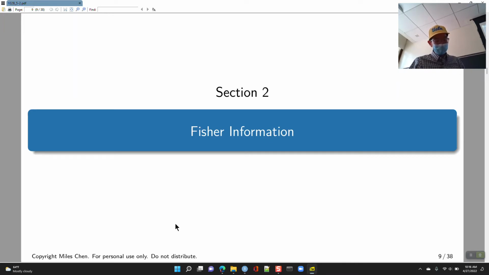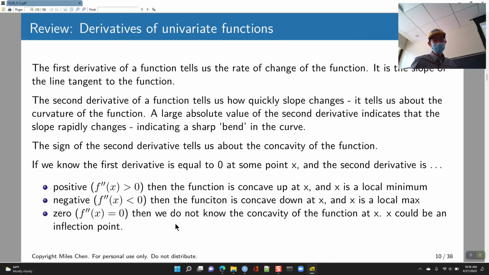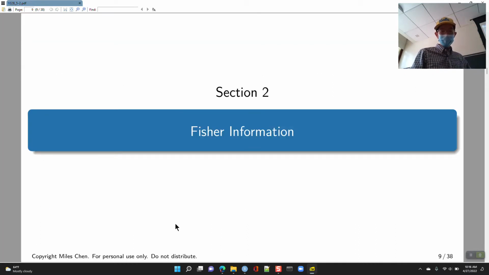And so it's good to talk about this concept of information, which is basically how much information do we have about some unknown parameters based on the data that we have, okay? And so we'll get into this concept of Fisher information, which I think gets mentioned in some of your other classes.